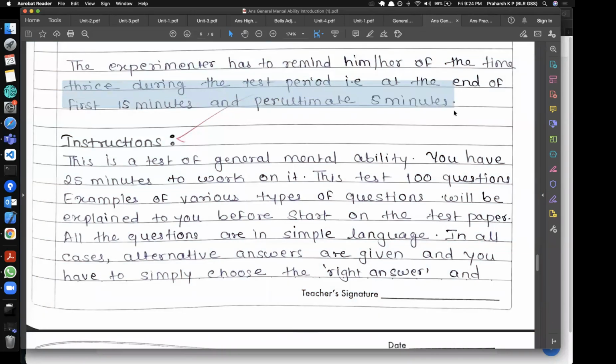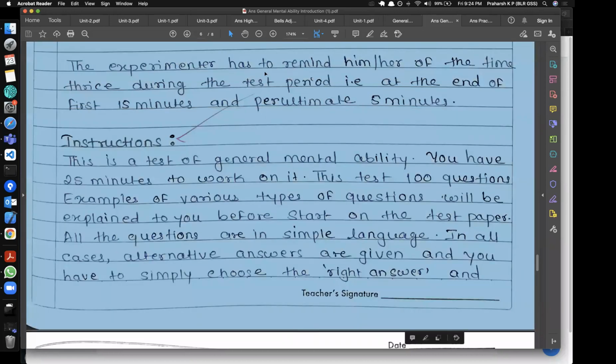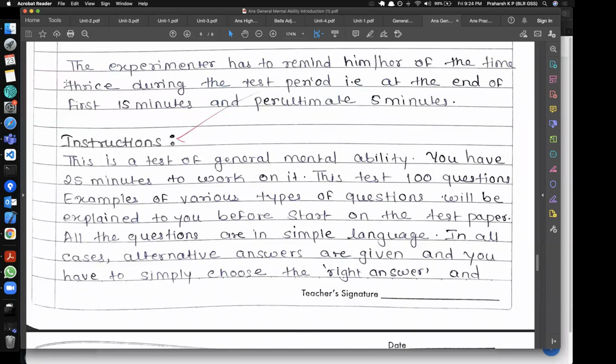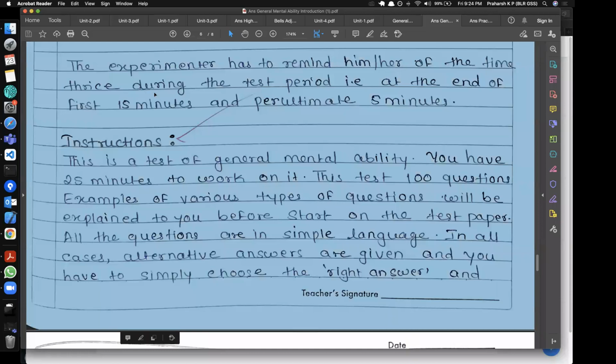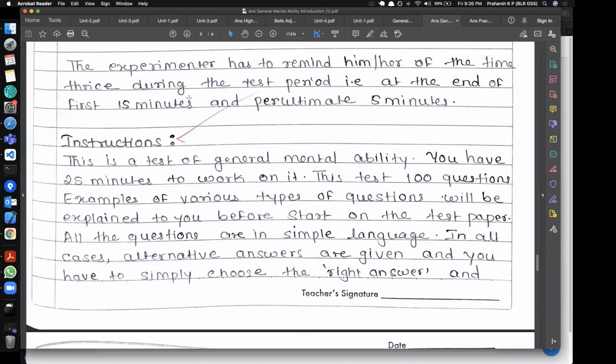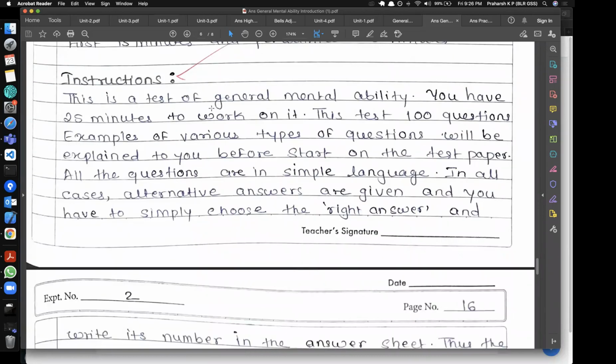There is a little confusion here. So the experimenter has to remind the subject of time thrice. Okay, thrice, fine. So 15 minutes and 20 minutes and 25 minutes once the time is up. So 3 times, 15 and 20 and 25 when the time is done. 3 times, cool.